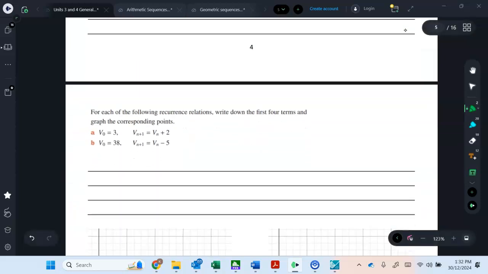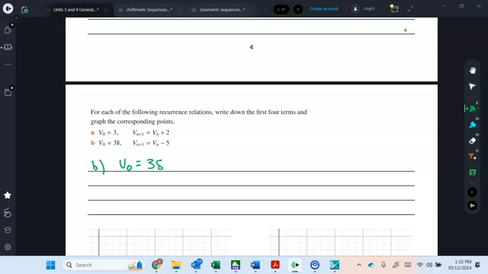All right, here we've got writing down the first 4 terms. With recurrence relations, usually in an exam it says show using recurrence relations. So let's do B actually, because we haven't done that.